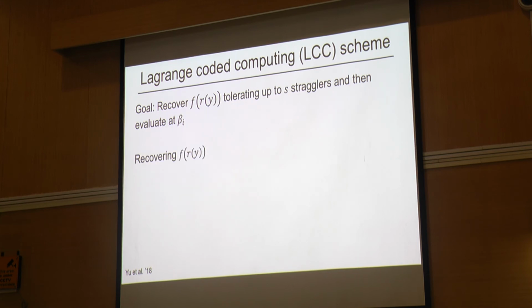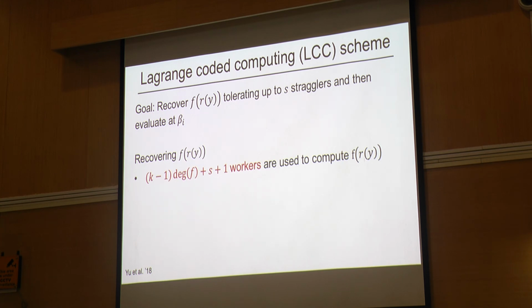So how can one do that? The scheme is the following. You take k minus 1 times the degree of f, which was the degree of f of r of y, and you use the result that we have seen earlier. If we have a polynomial of degree k minus 1, then if you know its evaluations at k points, which is degree plus 1, you can recover that polynomial, which was how we did Reed-Solomon decoding, right?